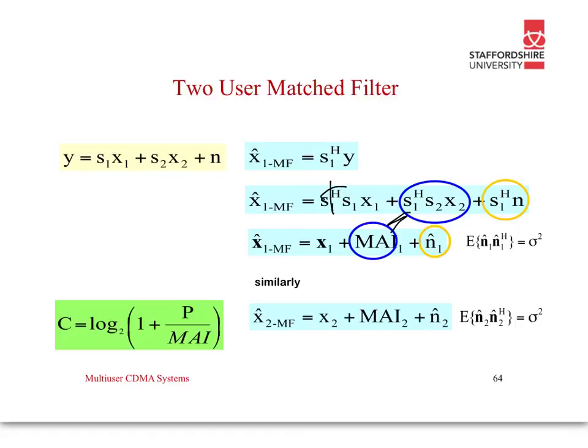This is the multiple access interference. And signature 1H, our code, times our noise, which is essentially our received noise, with the same variance sigma squared.